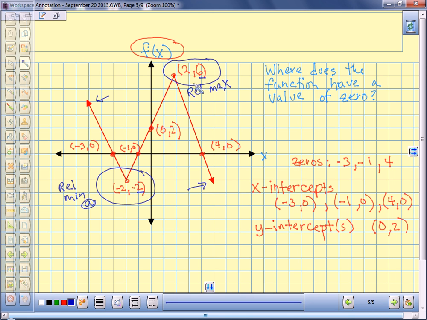But right now, I want you to say the relative min at here, relative max at here. It's really just the y value, but we're going to use the whole point right now, and you'll see on Monday why we're doing that.